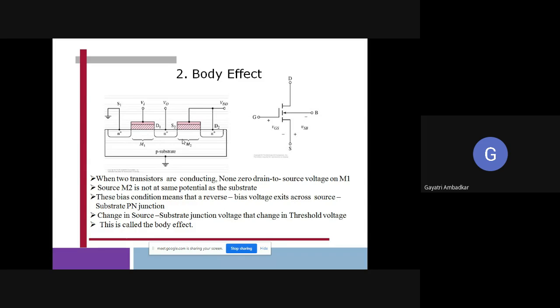Threshold voltage is defined when the source-substrate junction is at ground potential. Here it is at ground, but here it is not. This variation of threshold voltage is called the body effect.